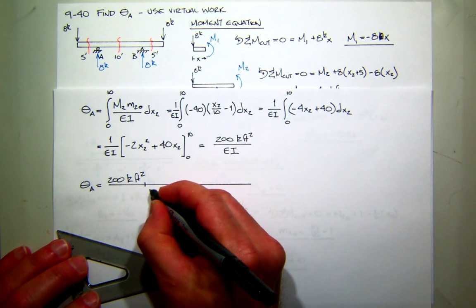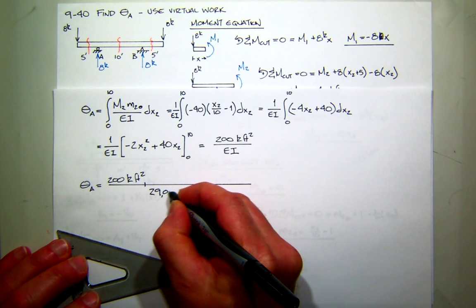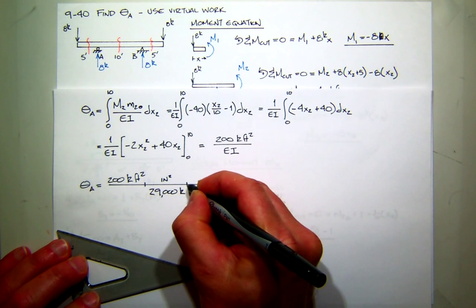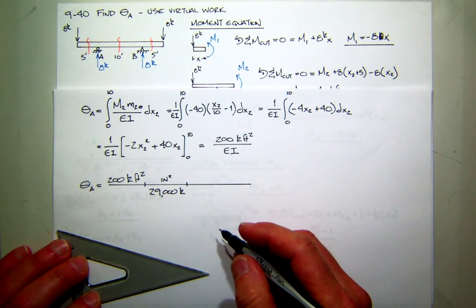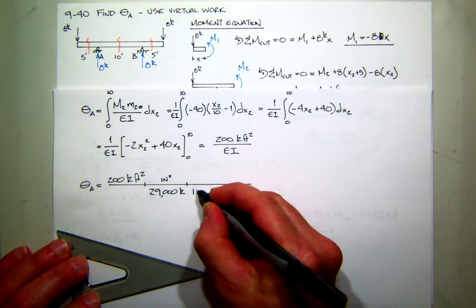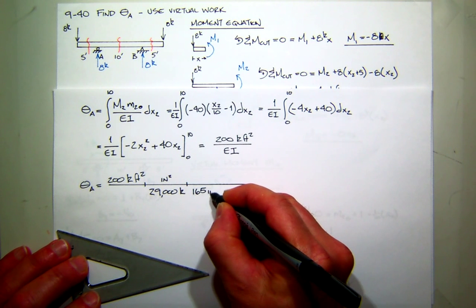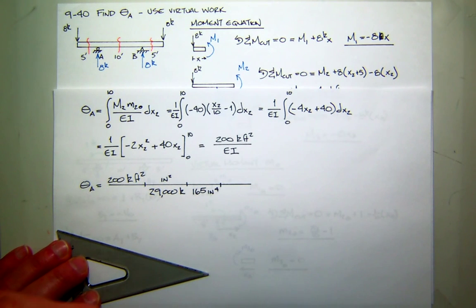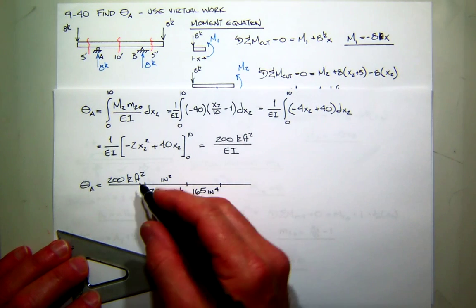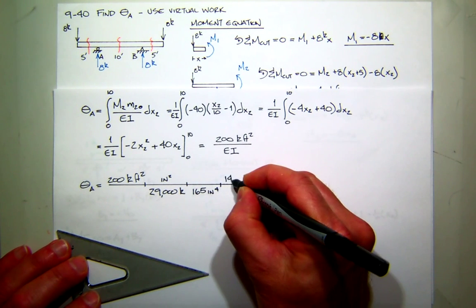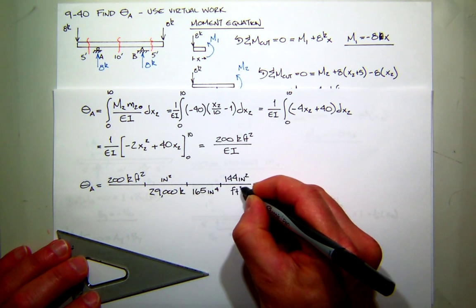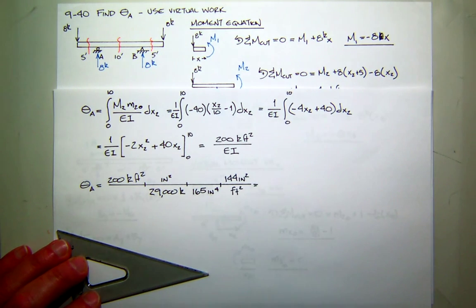So dividing by E, 29,000 kips per inch squared. I was 165. Did you guys have different values in mastering engineering? Yes, sir. Eyes were different? I had like 185. Okay, so I got 165 on my version. And then converting, I have 144 inches squared per foot squared. So it looks like all my units cancel.